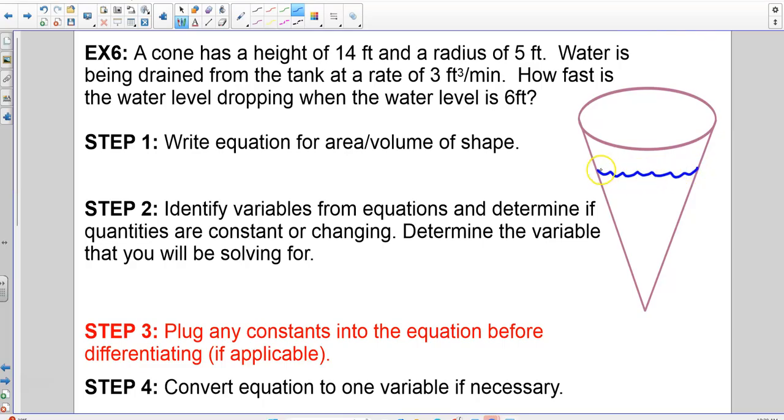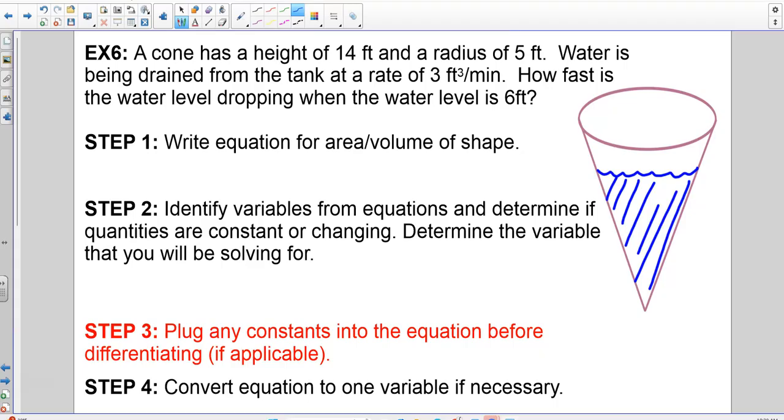So we want to know about the volume of the water in the tank. The tank itself, the radius and the height are not changing. But whenever we look at the volume, we're talking about the volume of the water.